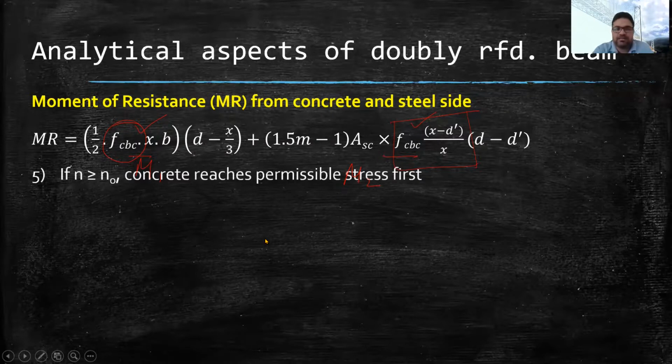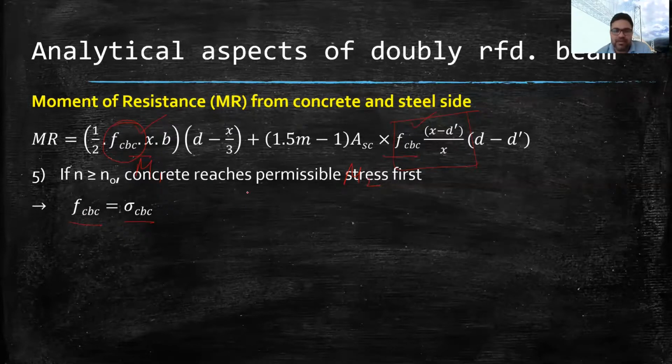Similarly, in case of an over reinforced section, concrete will reach its permissible value first. So in that case, FCBC value will be sigma CBC, while the FST value will be less than the sigma ST value, which means the actual stress in steel will be less than the permissible stress in steel, while the actual stress in concrete will be equal to sigma CBC.